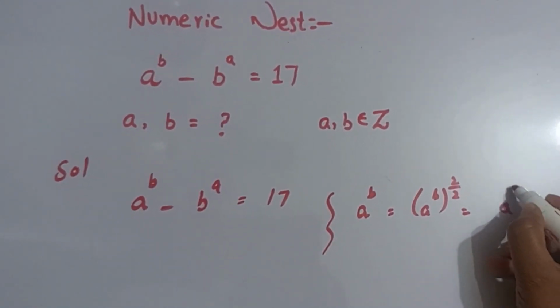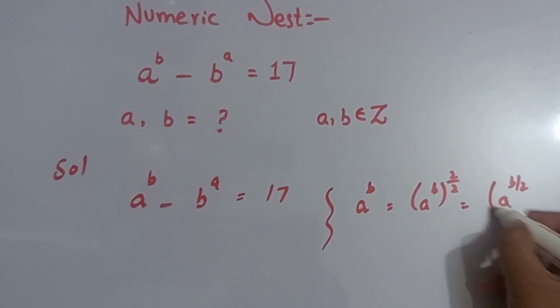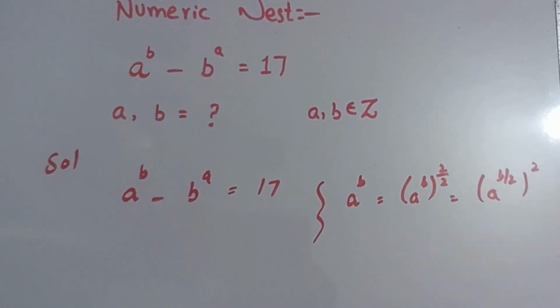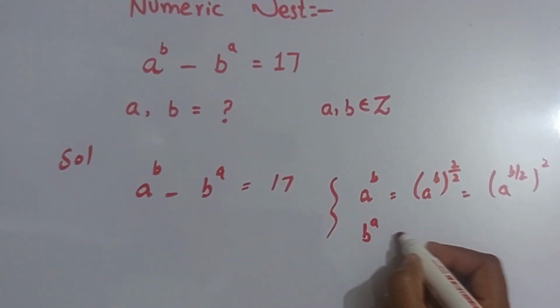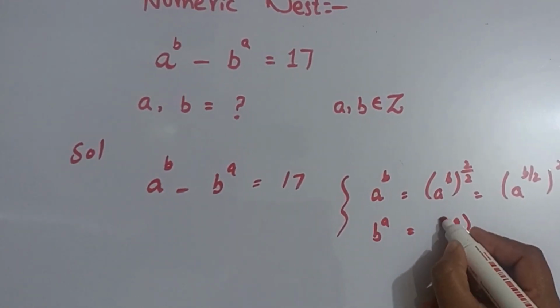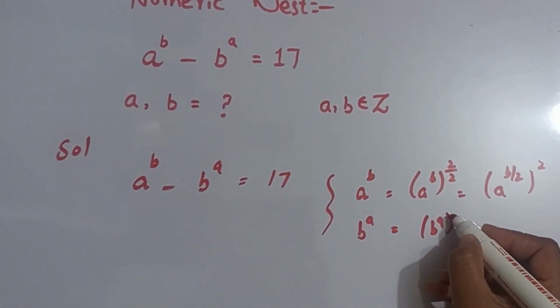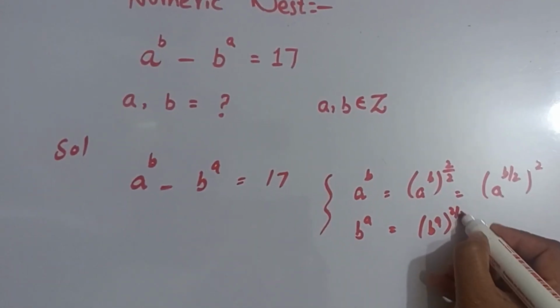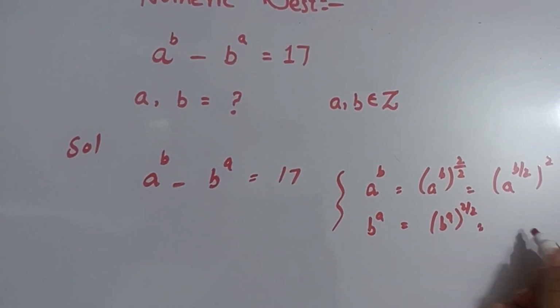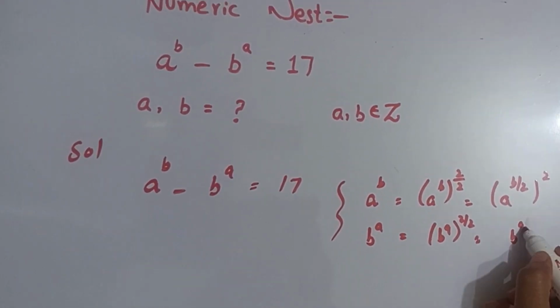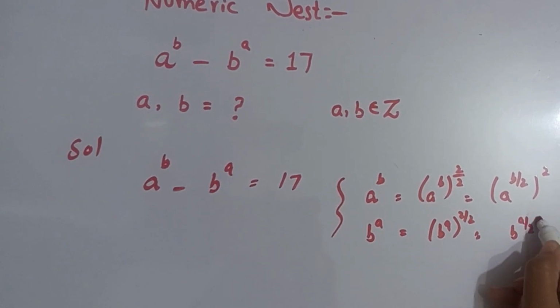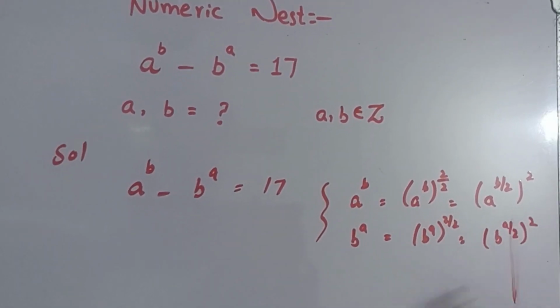Similarly, we write b raised to the power a as b raised to the power a divided by 2, whole raised to the power 2.